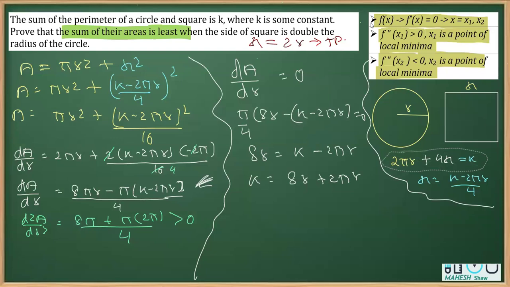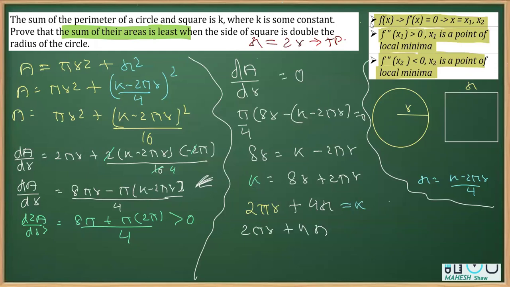So this is what we have already obtained. Let's bring it here. We can see that we have the same k here, so we can equate these two equations and obtain the relation. So in that case, it will be 2 pi r plus 4x should be equal to 8 times r plus 2 pi r.